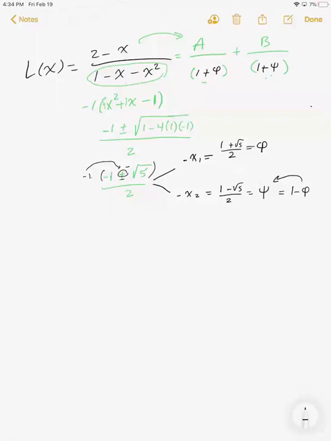And when you do the partial fractions, eventually you can write L of x, which is equal to 2 minus x over 1 minus x minus x to the power 2, when you solve for a.